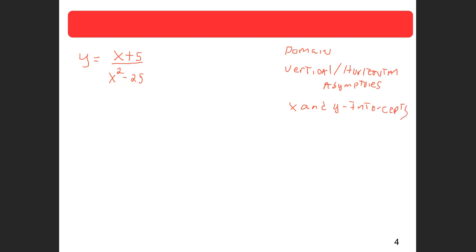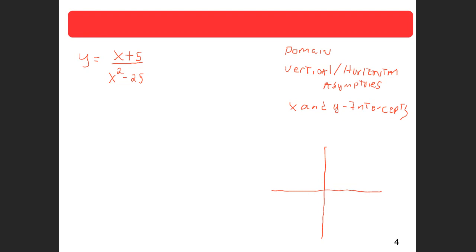The reason we do this is that at the very end, you should be able to graph a rational function, but I'm not even getting to that this week. I just want you to be able to find the domain, the vertical and horizontal asymptotes, and the x and y intercepts.